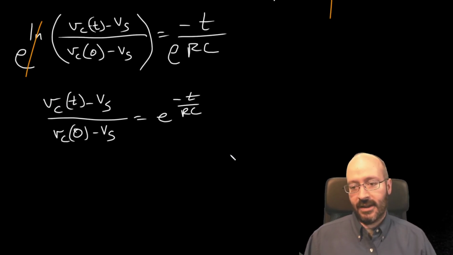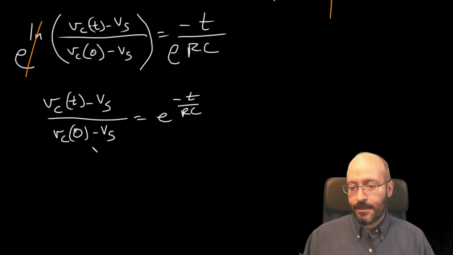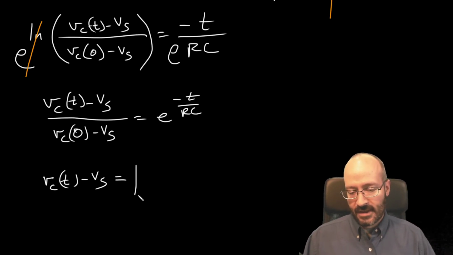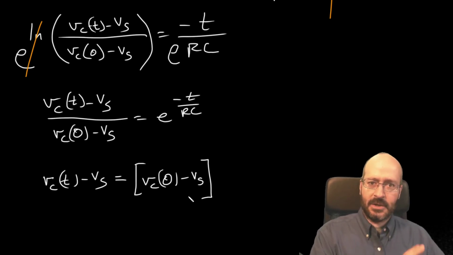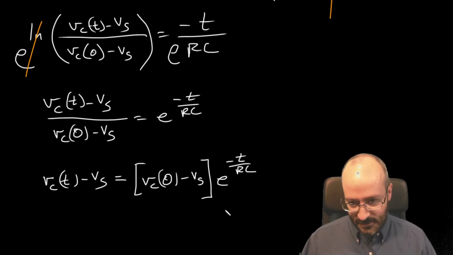Okay, still trying to get this term in the numerator separated out. So I'm going to multiply both sides by this denominator. Okay, so that's going to leave me with VC of t minus Vs on the left-hand side, and VC of 0 minus Vs. I'm putting it in brackets because I need to make sure that everything distributes cleanly. E to the negative t over RC.